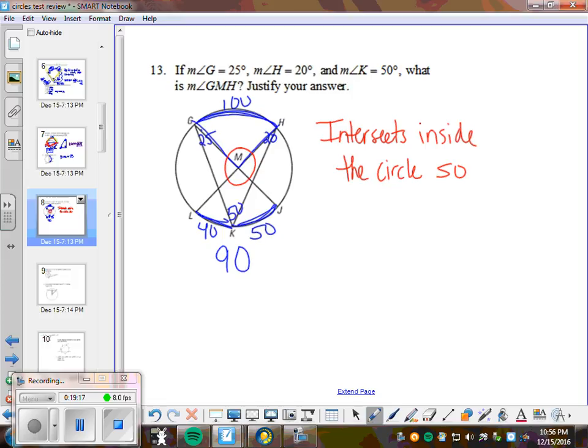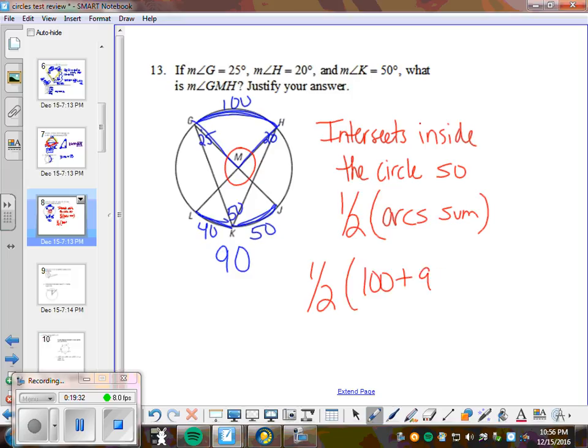So you use 1/2 of the arcs added together, the arc sum. So we're going to take 1/2 of 100 plus 90, because I have the intersected arcs from those angles. I just did that by adding these together and got 90. So you do 1/2 of 190, and that would give you 95.